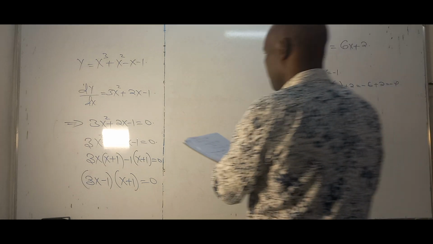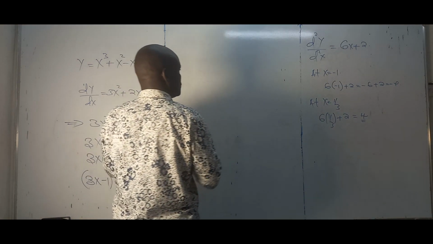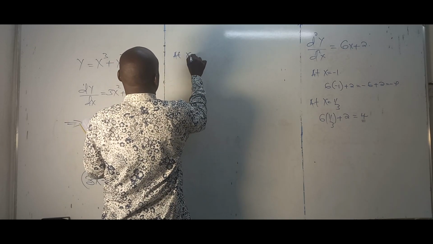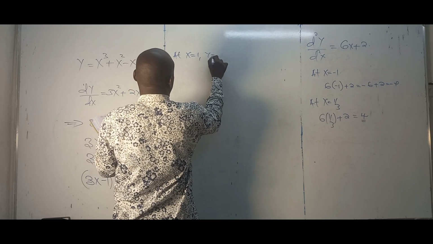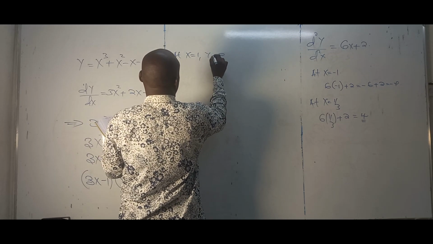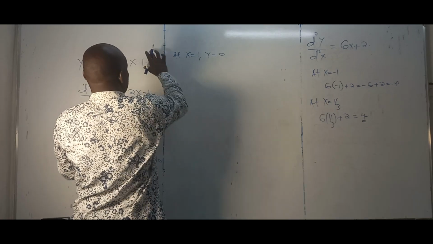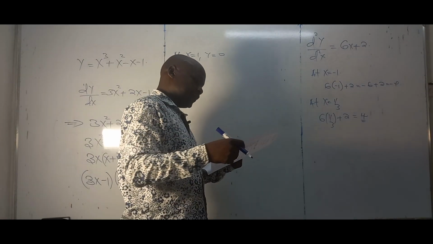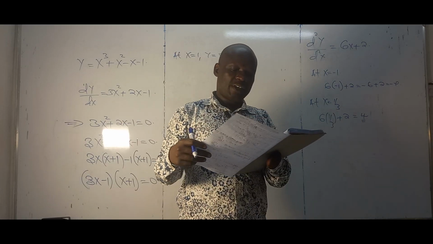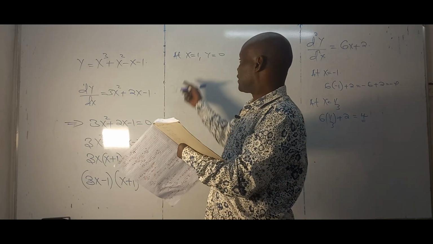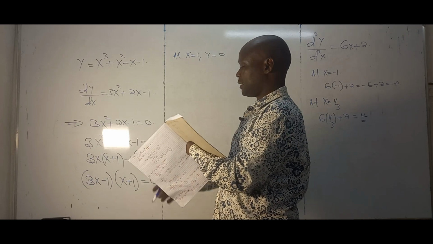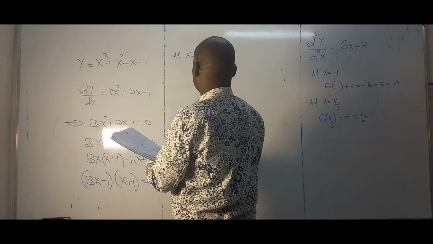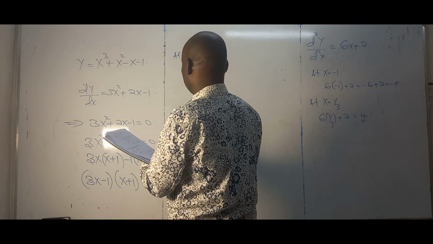At x is equal to 1, y is given as 0. y is 0 if you substitute here. But the question we are asked is to determine the equation of the tangent to the curve at x is equal to 1. So we have already set x to be 1 and we know that y is 0 at that particular point. So I need to see what the gradient is.